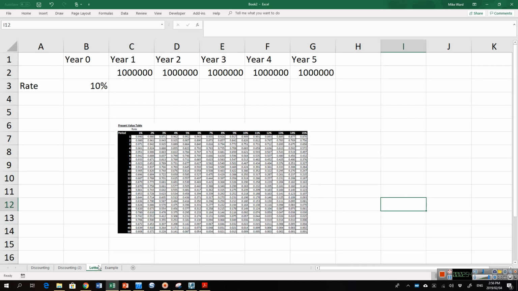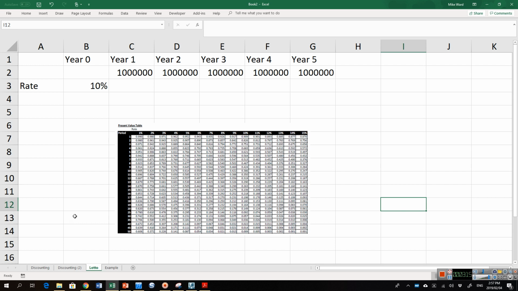And let's imagine that you had a phone call that said, well done, you've won the lotto. And they said to you on the phone, you're going to have 1 million Rand every year, starting in a year's time for 5 years. And you're going to say, whoop, whoop, thank you very much, I'm so happy.